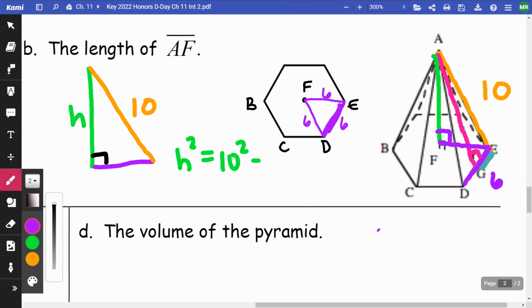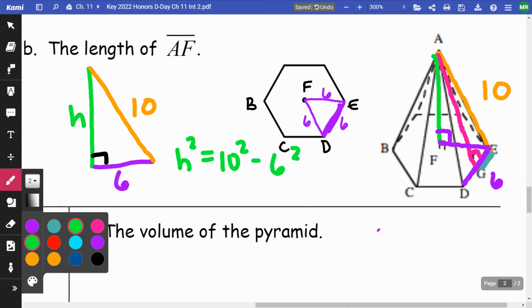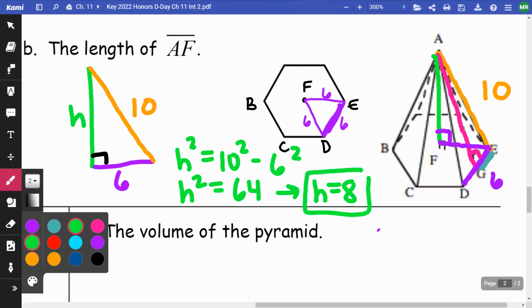Here to here, here to here. So that's 6. Sorry about that. So that's going to be 10 squared minus 6 squared. So h squared is equal to 100 minus 36, which is 64. So my height is going to be 8. Okay, so AF is 8.